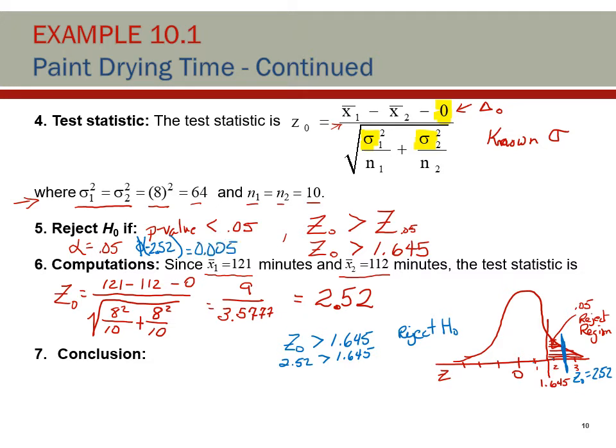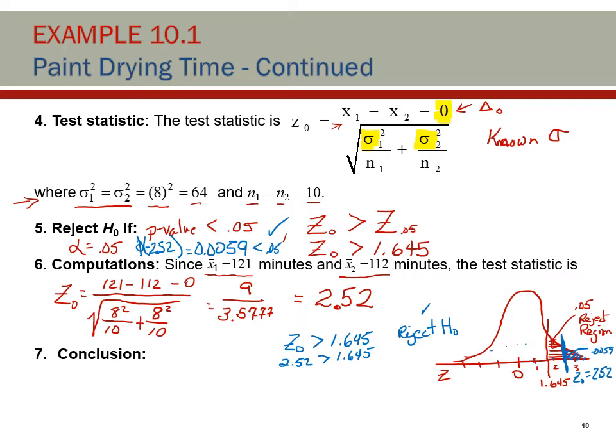If you look up the positive value, you would have gotten 0.9941, which would have been everything that's not shaded over here. And the part that we want, that's the p-value, is everything in the tail beyond our Z naught value, and that part is the 0.0059. About 0.5% there. And 0.005 is definitely less than 0.05, so that counts and checks out as well, that we will reject H naught.